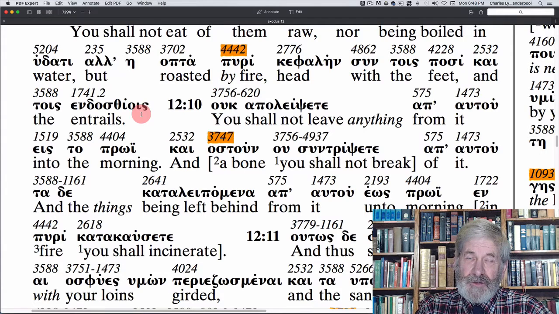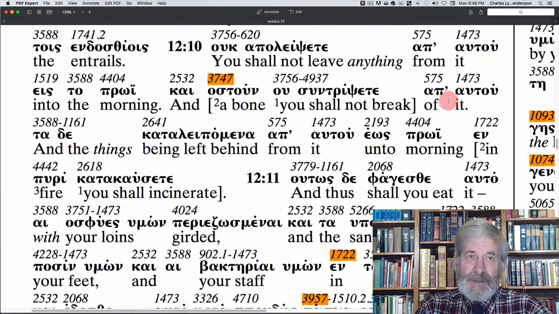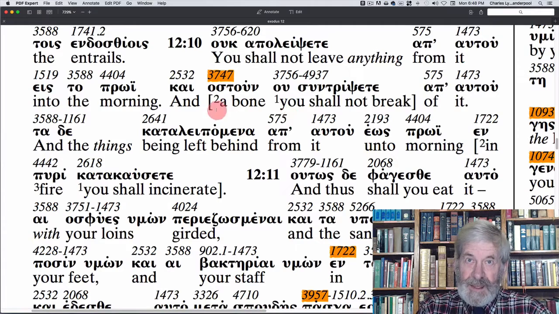But he thinks, and I kind of agree, that they probably put the whole animal on there, and after it was cooked, stripped the hide off, and then it mentions later right here, we'll get into that. So probably the whole animal, and it says, you shall not leave anything from it into the morning, and you shall not break a bone of it.